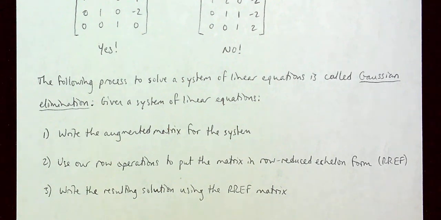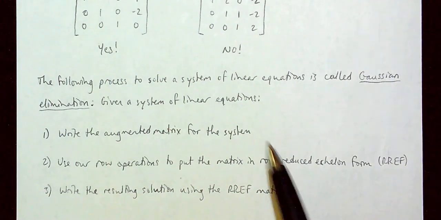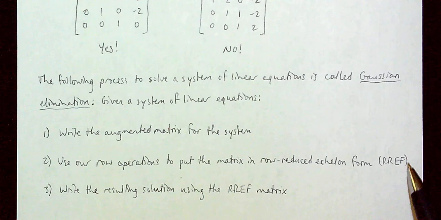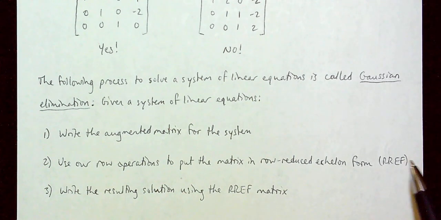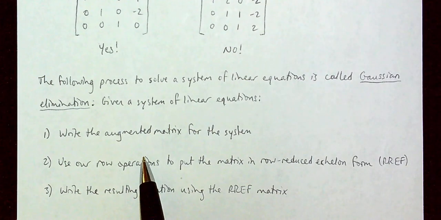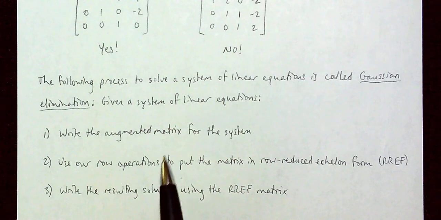And the idea here is that comparing the matrix you created in step 1 with the one you get at the end of step 2, those matrices are equivalent in the sense that the solutions you come up with are indeed valid solutions to the system that you were given to begin with.